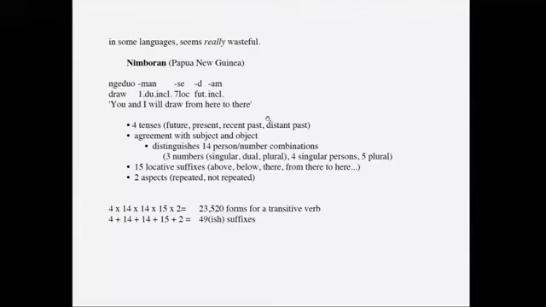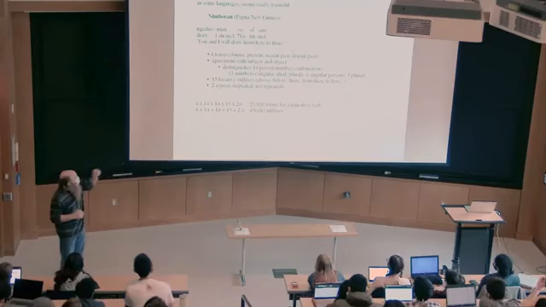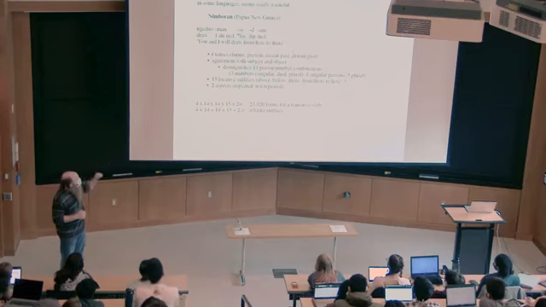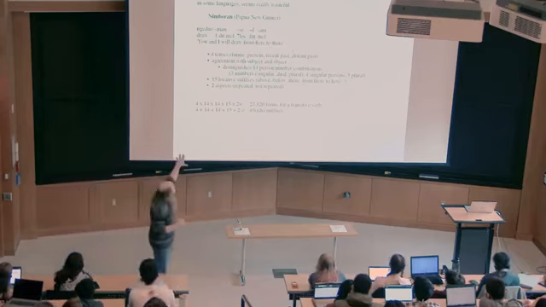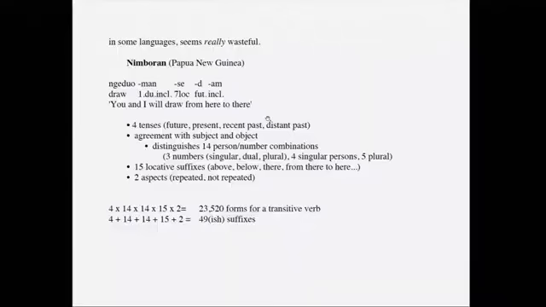So the subject could be singular or dual or plural. There are locative suffixes, there are aspects. The result is that if you have a transitive verb, it has 23,500 forms. Whereas if you're just going to list all of these suffixes, you need 49 of the suffixes.